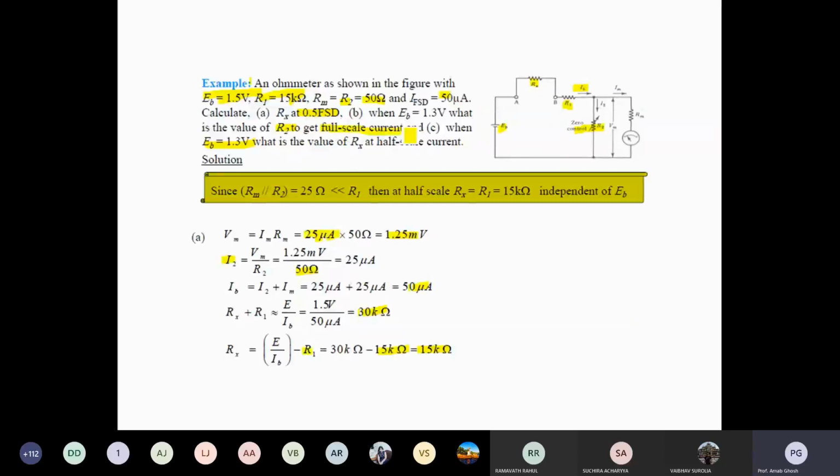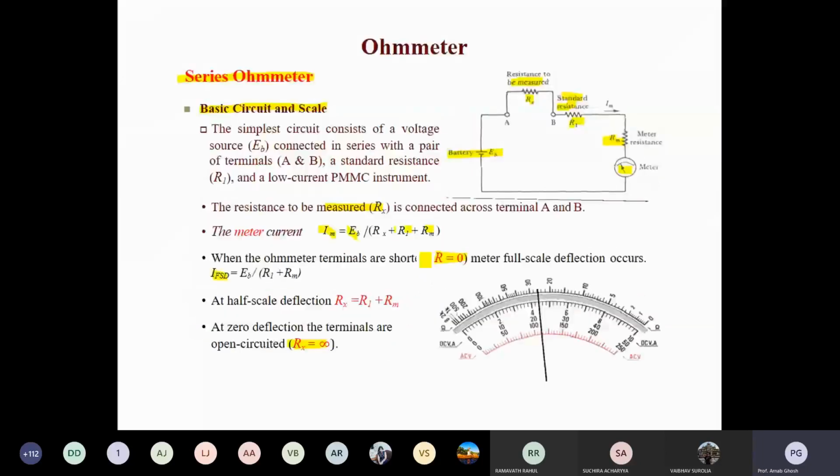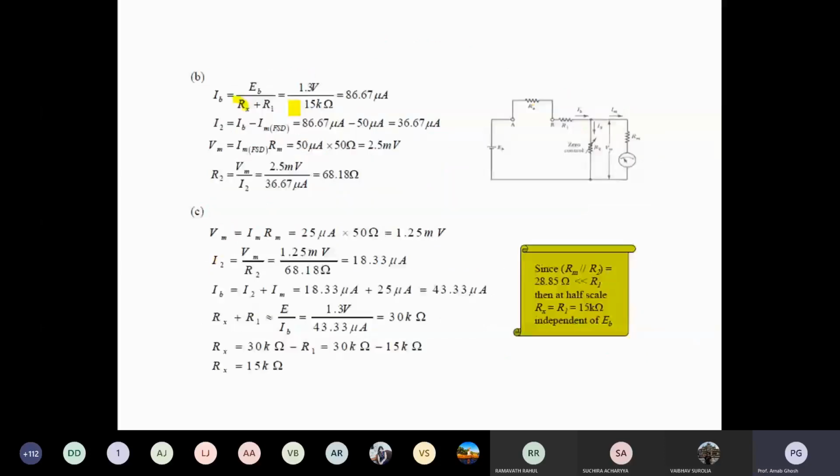When full scale deflection appears, Rx will be shorted as per the configuration. You know that one. The same thing is applied over here, so full scale current is there, so Rx equals 0.